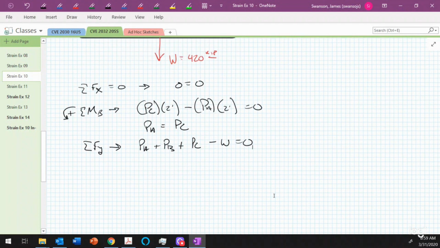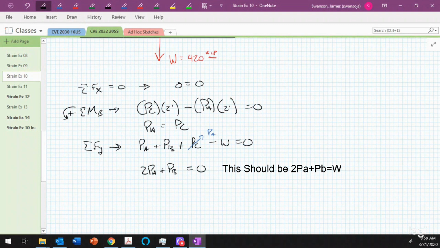If we do a substitution now, substituting in that P sub C is equal to P sub A, then we could write this equation as 2PA plus PB minus W equals 0. So since we've used all three of the equations of equilibrium that we have, and we're not able to solve for the internal member forces in the bars, this problem is said to be statically indeterminate.